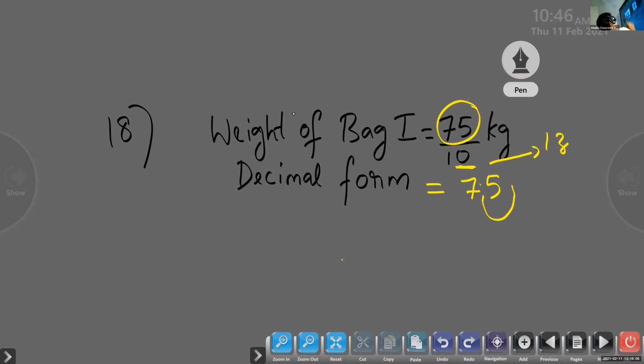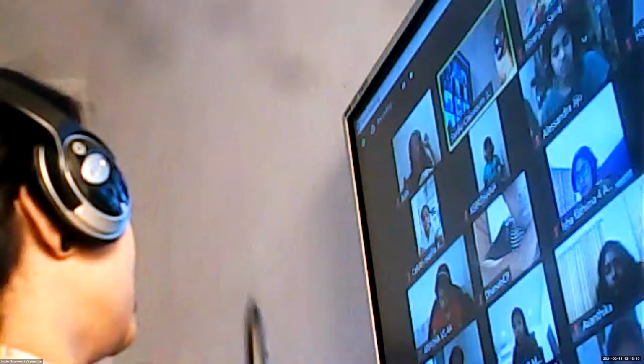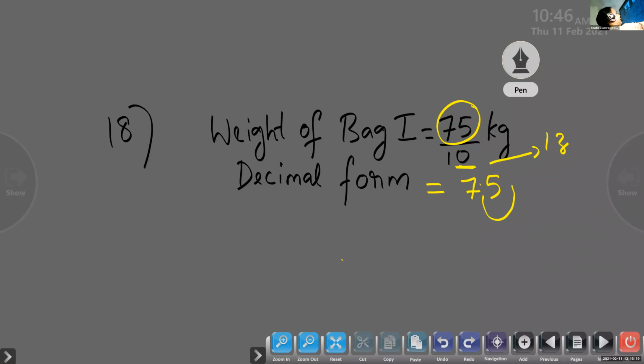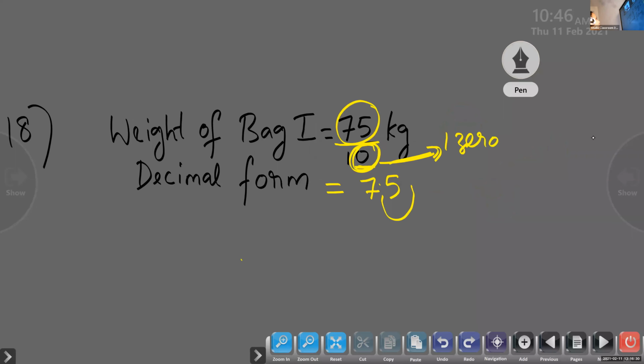Let me see, is there anyone writing now? Look at the board. I will do one question, and bag 2 you have to do. Listen carefully, it is very easy if you listen. Here, 75 by 10 is the question. Look at the number of zeros in the denominator. We have only 1 zero. So in the answer, we just write the numerator 75.